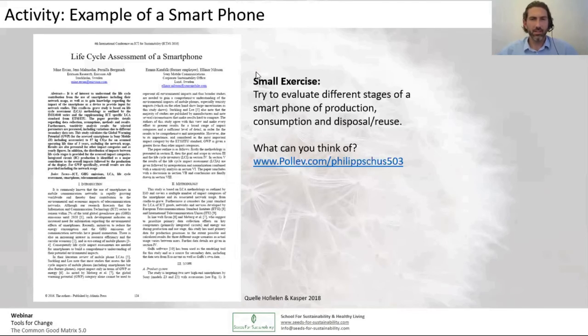Okay, for the end, to again get everybody's attention a little bit, and to see what you think. We don't have to do that here in the poll. Actually, we can do that just in the chat. Thinking about the life cycle of a smartphone, maybe we can drop some ideas in the chat now. What are the stages that a smartphone goes through? And maybe we can write a little bit about what is critical about it and what not.